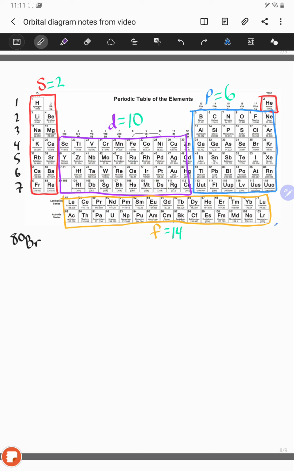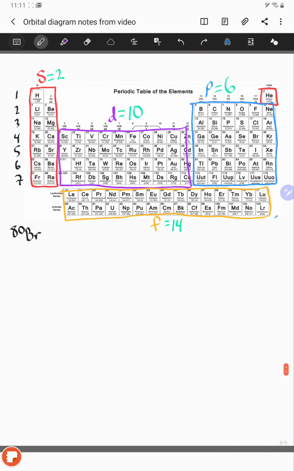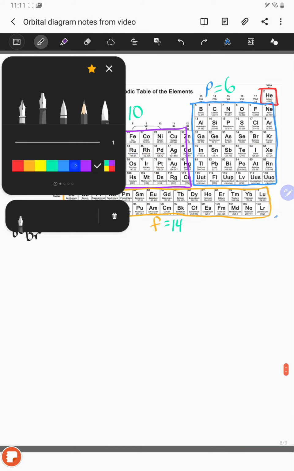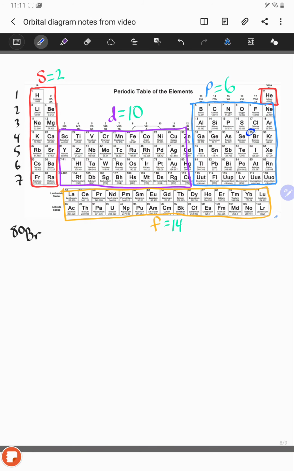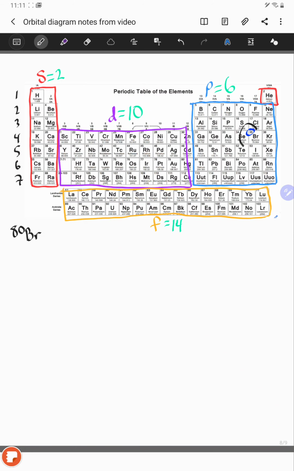So anything with an atomic number greater than 20. Bromine 80 has an atomic number of 35, so therefore it will have 35 protons. We're doing bromine here, so 35 protons.